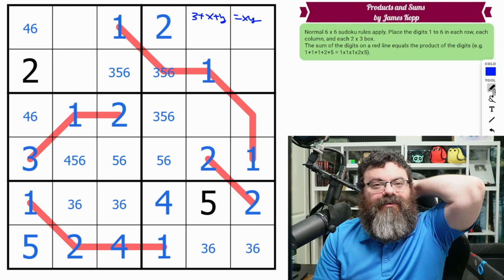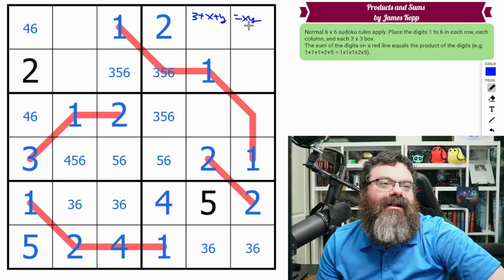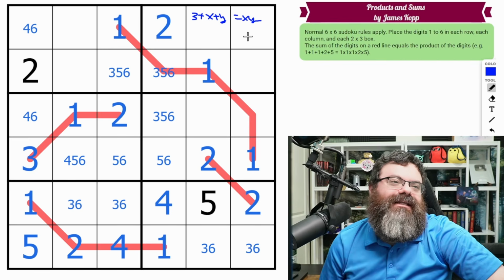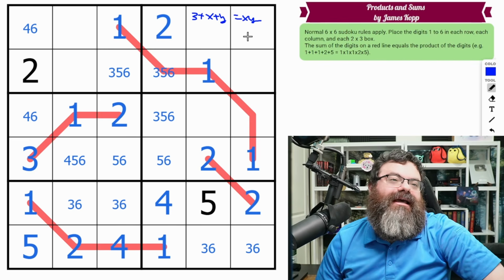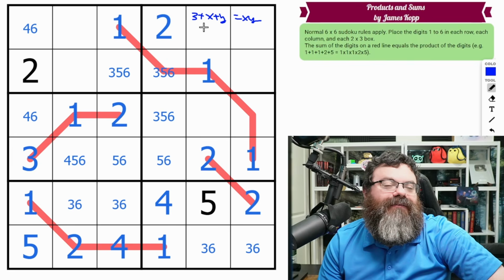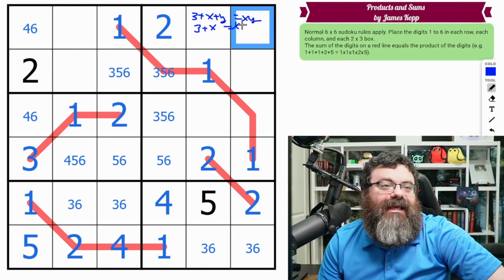Maybe we can get a single use of y to help us solve for y. So 3 plus x is equal to, and on this side we subtracted y from both sides, so it's going to be xy minus y. And now we can regroup. We can pull the y out. So 3 plus x is equal to y times x minus 1.